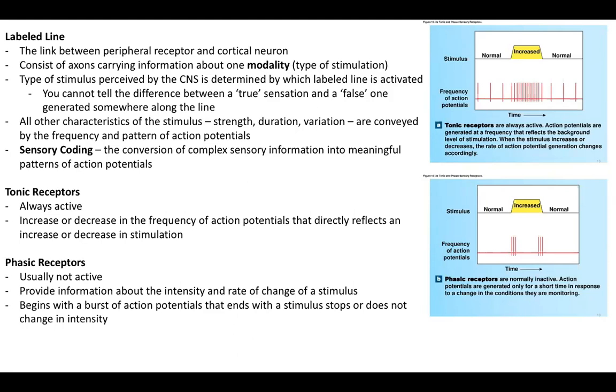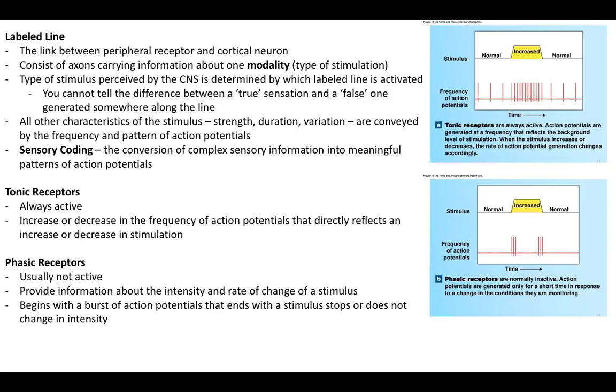The labeled line consists of axons carrying information about one modality, so one type of stimulus. Say pressure, you have the sense of pressure. Those axons carry that action potential about the pressure to a specific area in the central nervous system.